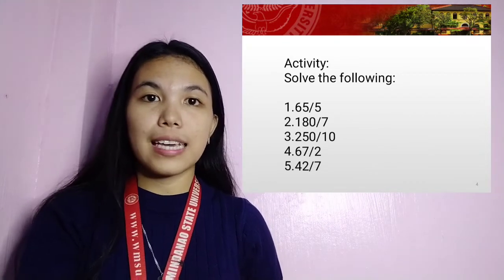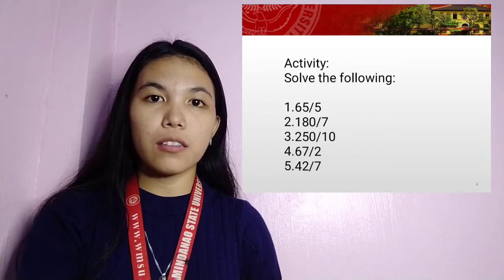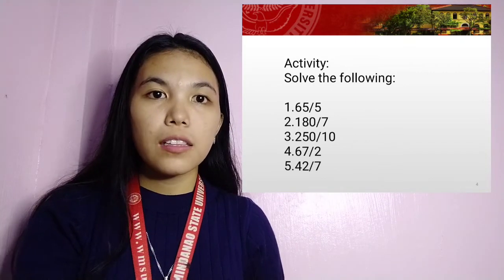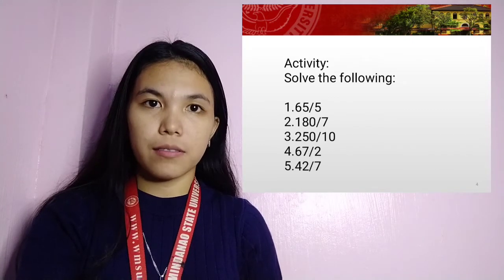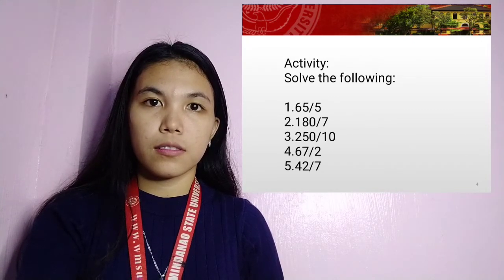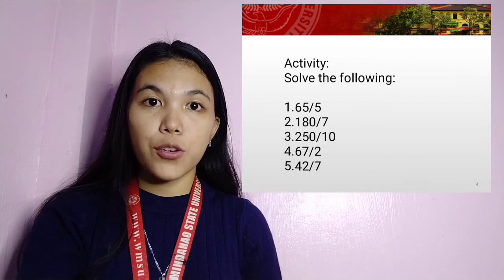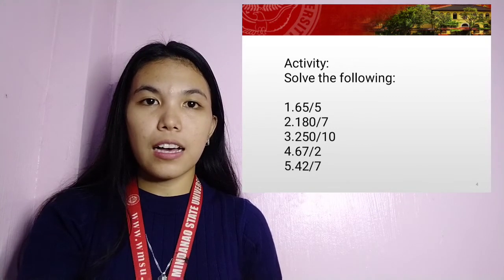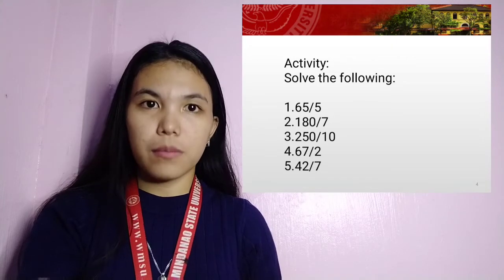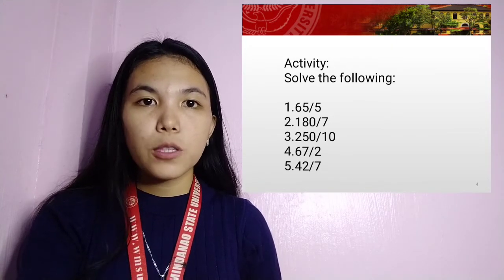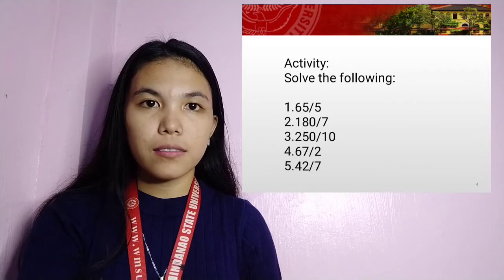It's 13. So, group 1 has 1 point already. Number 2, 180 divided by 7. Okay, group 2 got the correct answer first. 25, remainder 5. Number 3, 250 divided by 10.